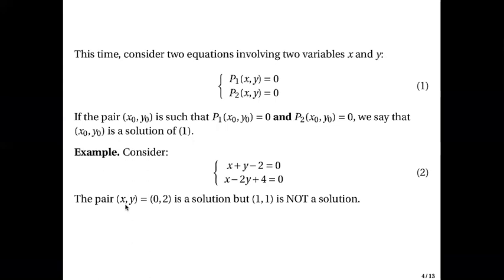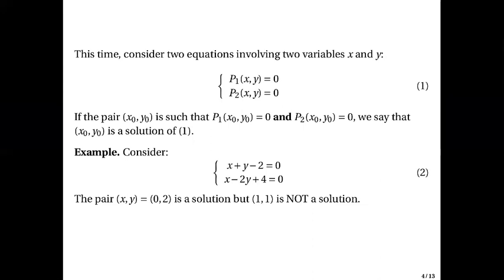We will see that the pair 0, 2 will be a solution of this system, but 1, 1 will not be a solution for this system. So meaning if we substitute 0, 2 to both of the equations here, we will have the equality, equal to 0, and the other one is also equal to 0. But when we substitute the pair 1, 1, meaning at x equals 1 and y equals 1, at least one of the equations here will not be true.